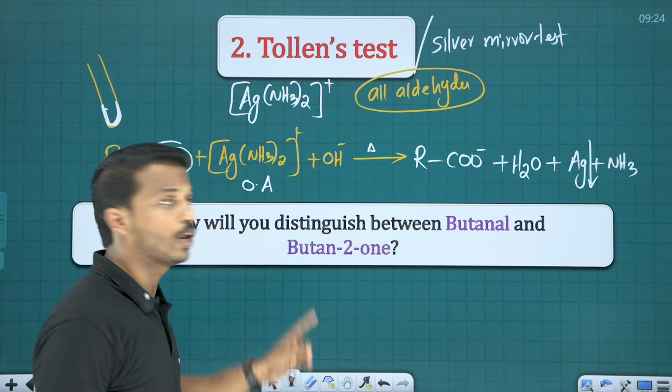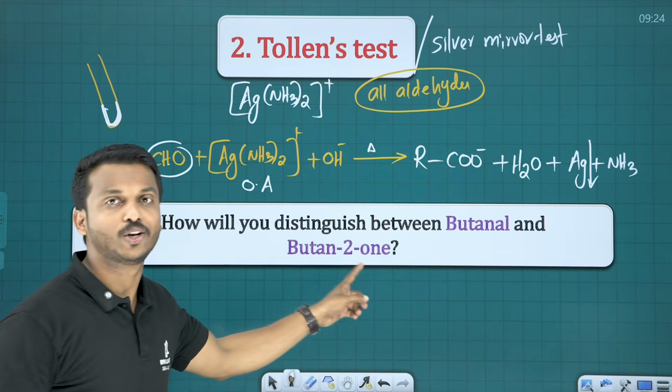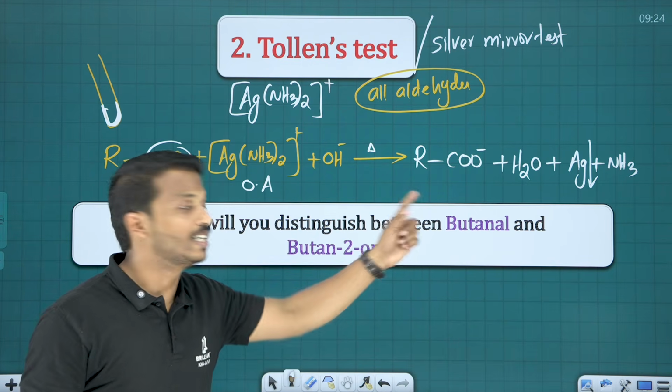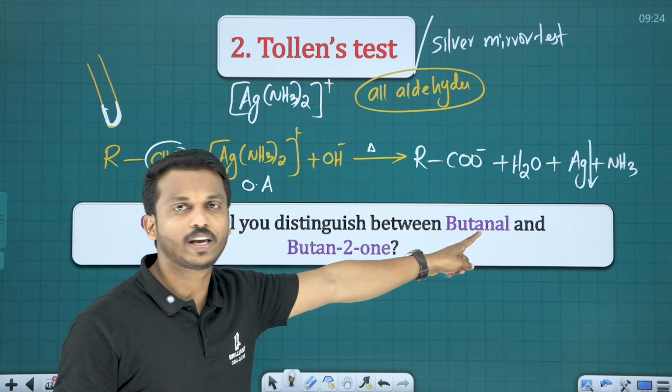Question: how will you distinguish between butanal and butan-2-one? Butanal is an aldehyde, butan-2-one is a ketone. This test is only given by aldehyde, so we can go with this one.